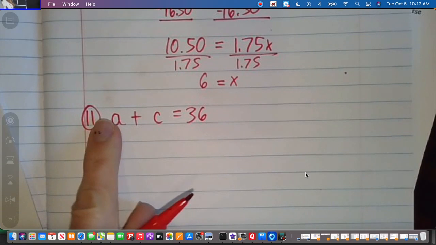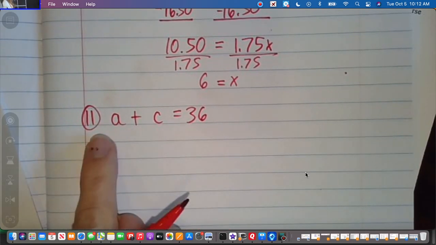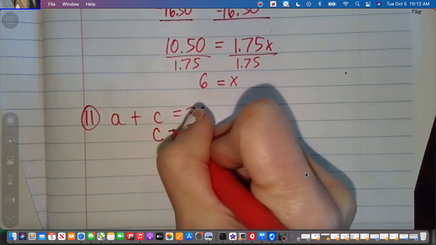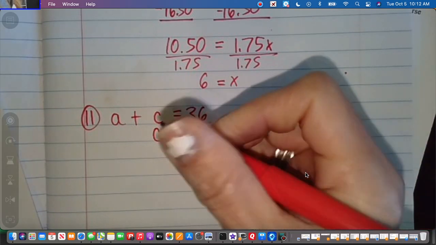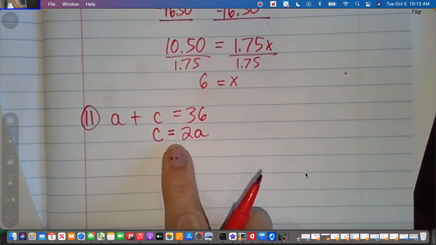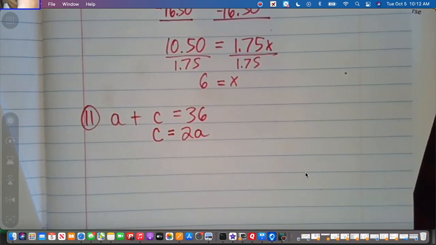I don't know how many are adults and how many are children, so I'll just write those letters to represent them. The next part says there are twice as many children as adults. To solve for how many children there are, I would double the amount of adults. Does that make sense? So children is 2 times however many adults there are.